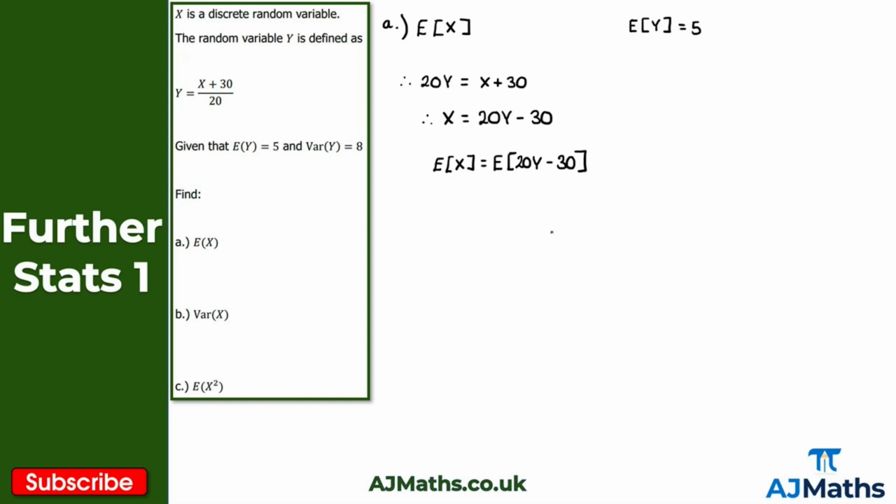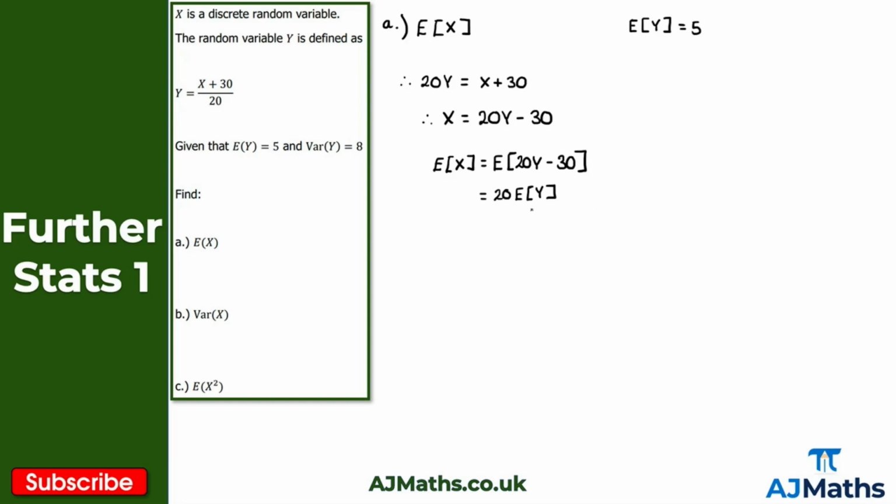In this case, I can bring the 20 out in front. So this is equal to 20 lots of the expectation of y, and then the expectation of minus 30 would simply be minus 30. Remember, if you take the expectation of a constant, it's just equal to the constant itself.